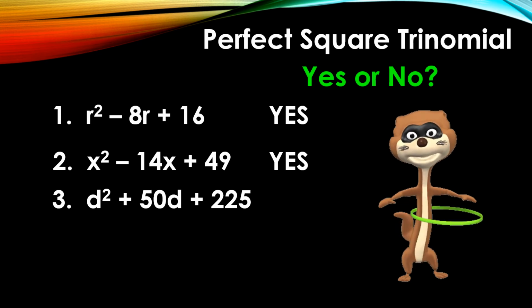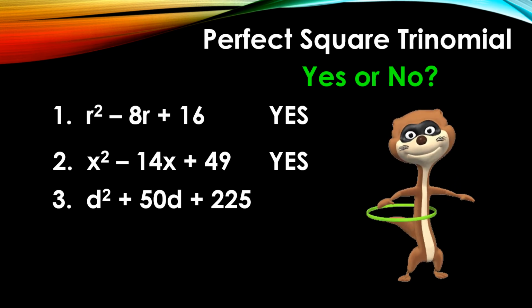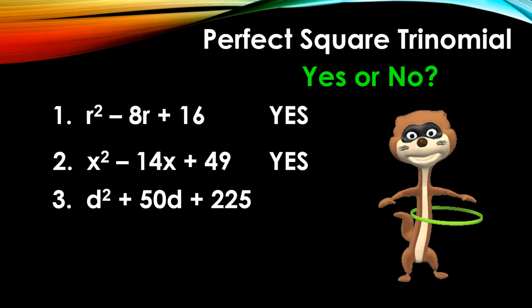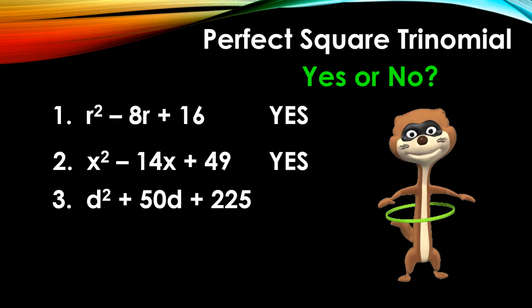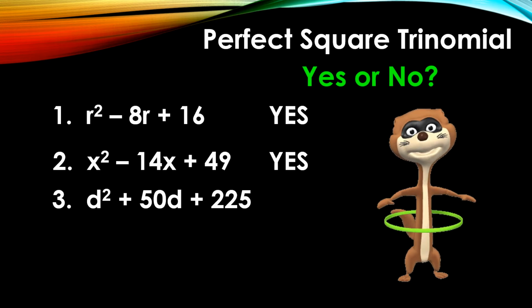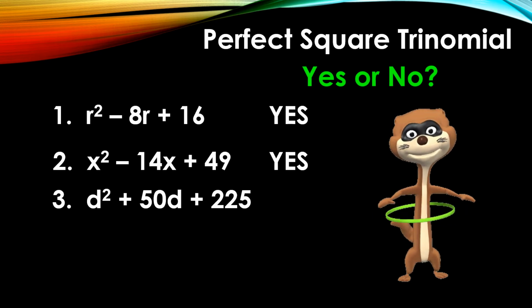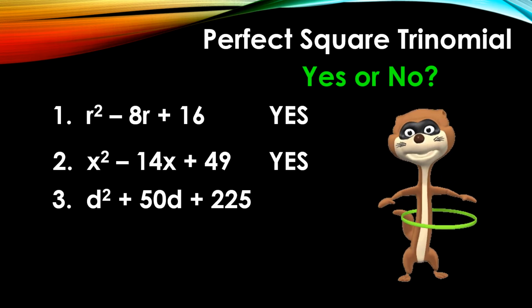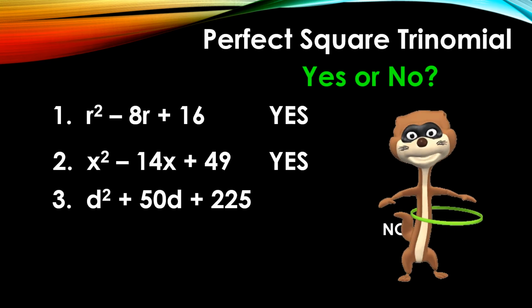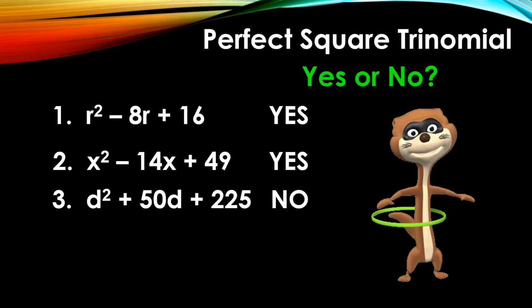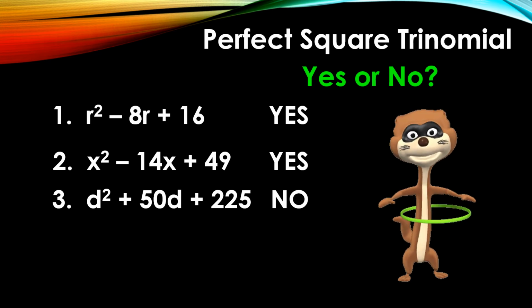D times 15 is 15d. Pag tinimes mo yung 15d ng 2, the answer is 30d. And since our middle term is 50d, which means that our number 3 example is not a perfect square trinomial.